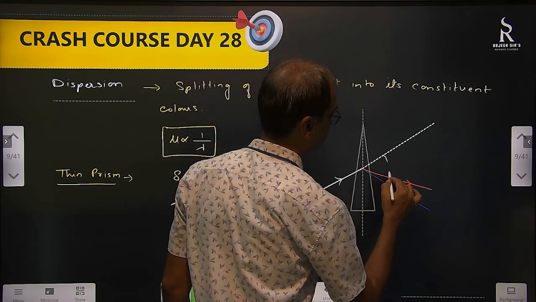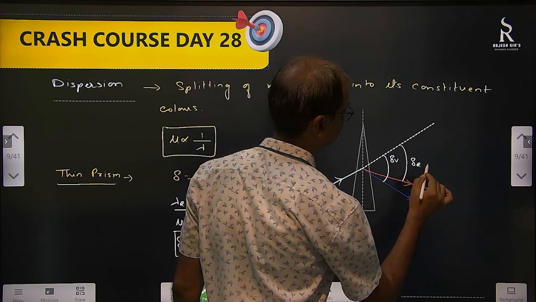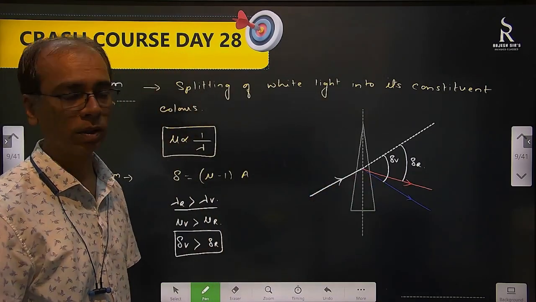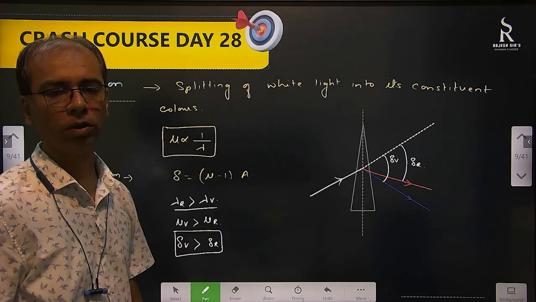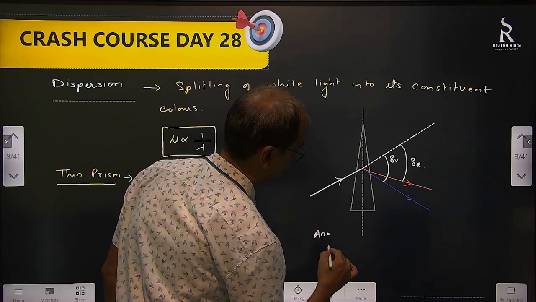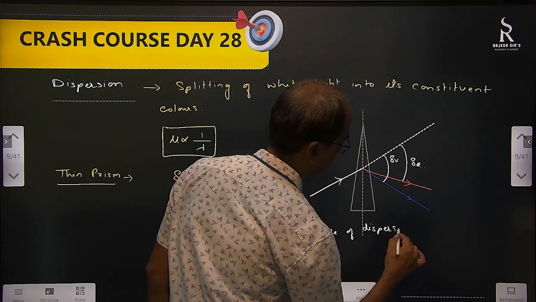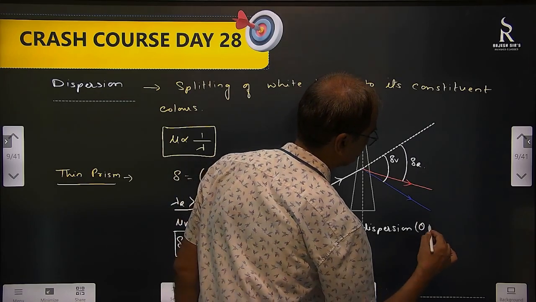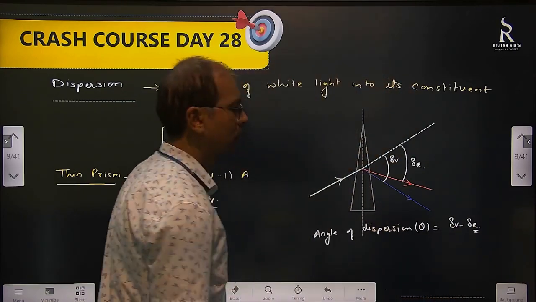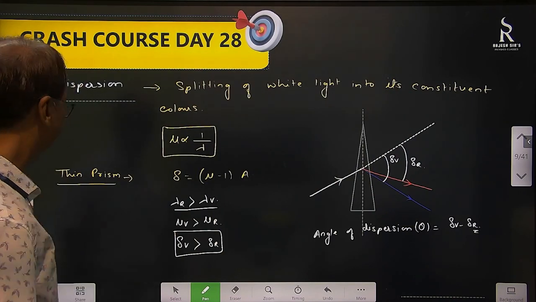We will say that this is delta V and this is delta R. The difference between the two we call the angle of dispersion. The angle of dispersion we represent as theta. It is actually delta V minus delta R. This is the angle of dispersion.